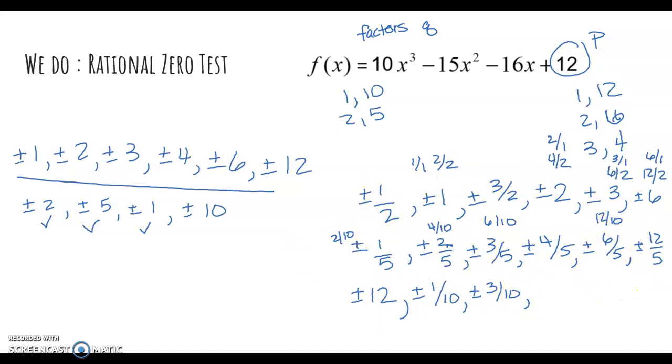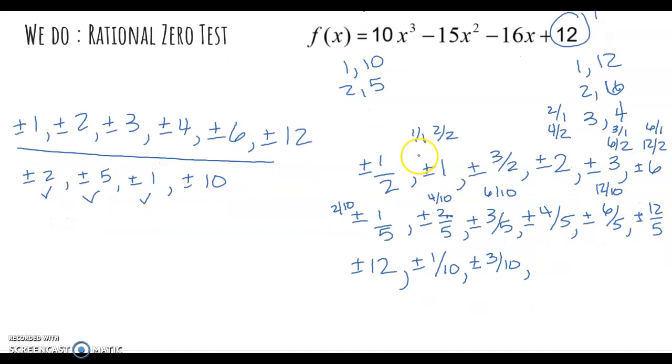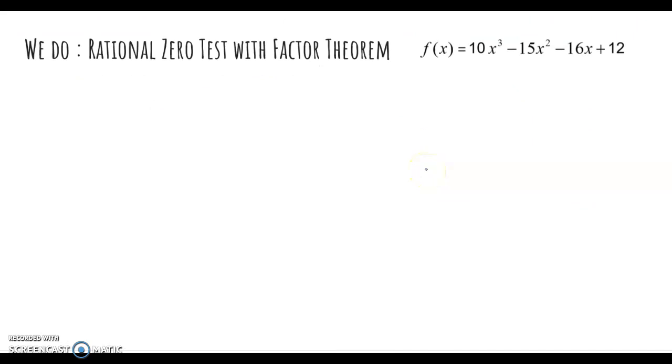and it is a lot, right? There's a lot of options. I would stick with your whole numbers first. So why don't we try the +1 for our zero test? I always start simple. I always start with the ones.